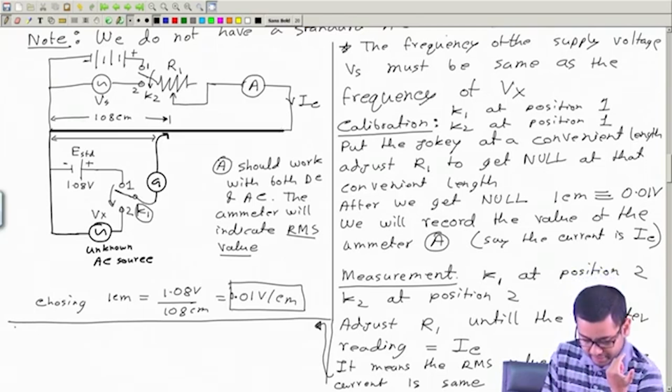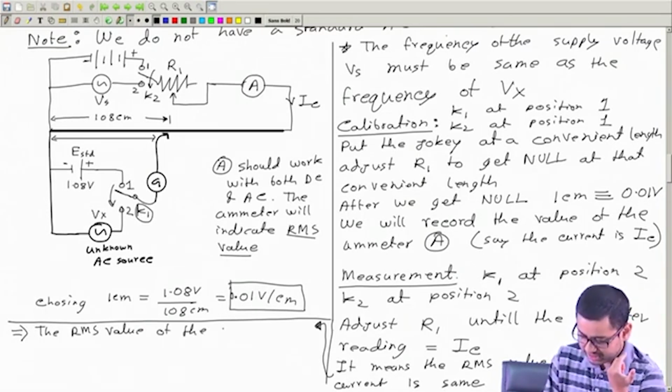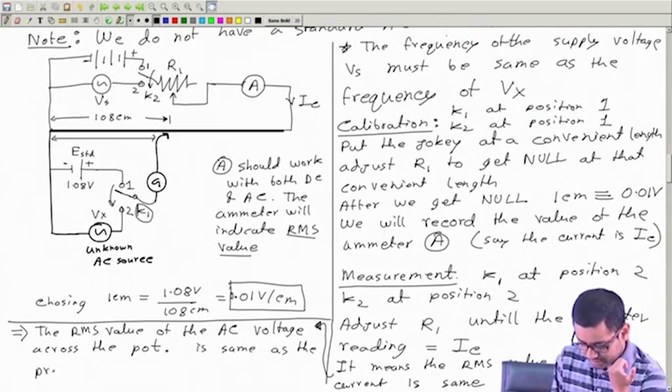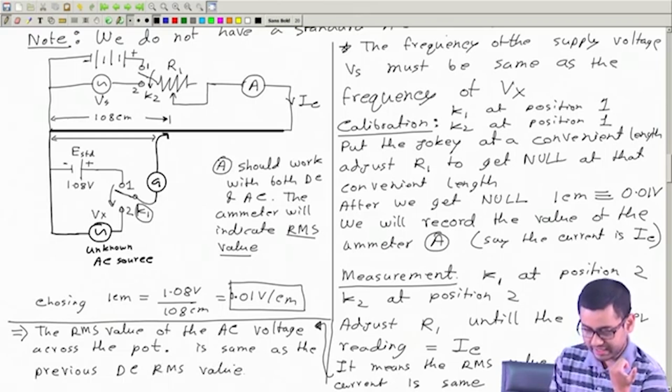So that means the RMS value of the AC voltage across the potentiometer, pot in short, is same as the previous DC value.